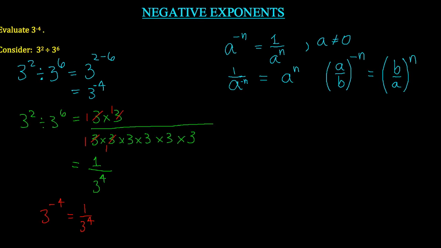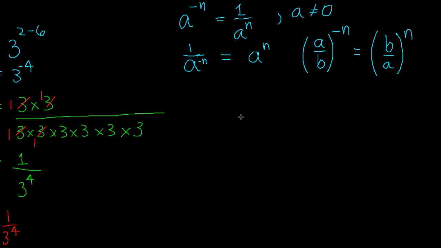Now I want to make one more point with you. I want to show you why this is consistent with our rules. Let's consider 3 to the exponent 2. We understand that to be 9. 3 to the exponent 1 we know is 3. 3 to the exponent 0, when we looked at 0 exponents, we discovered was 1.